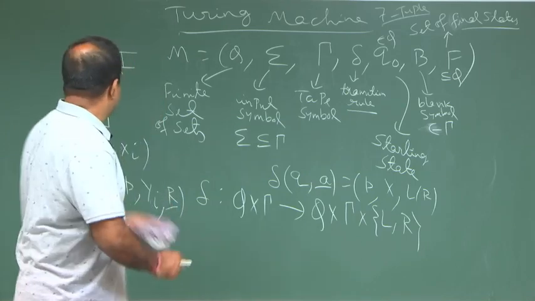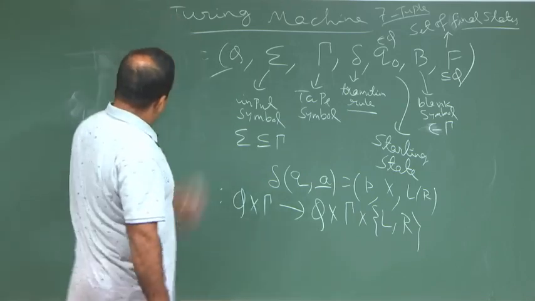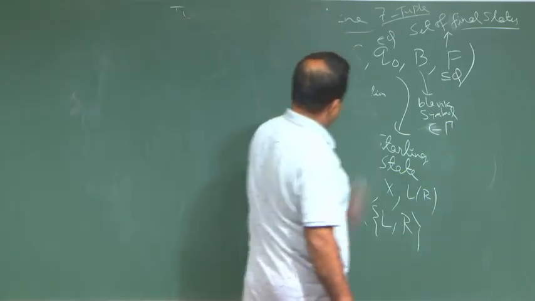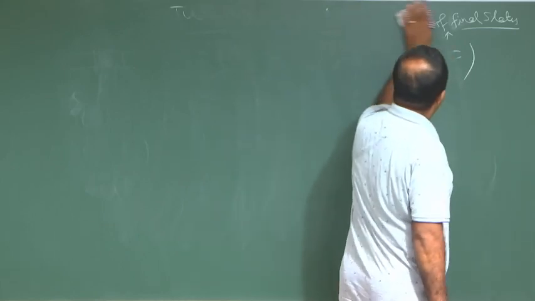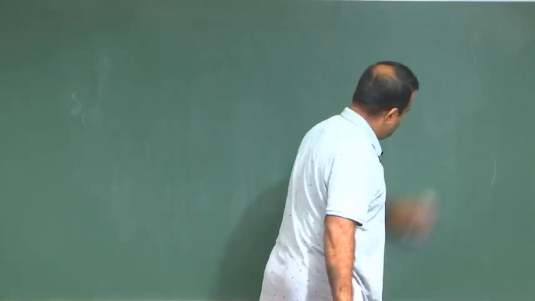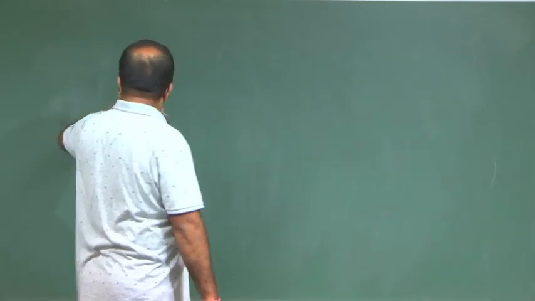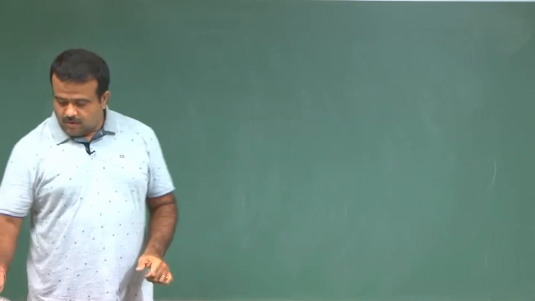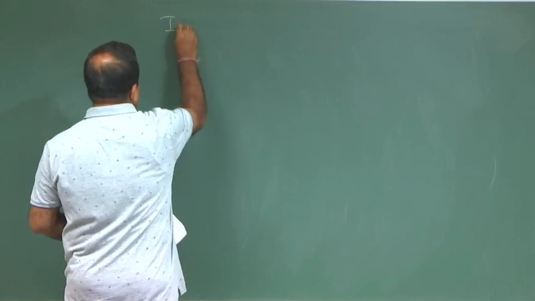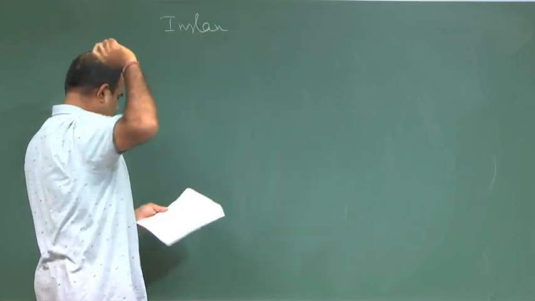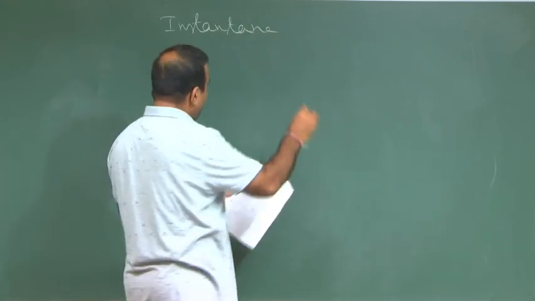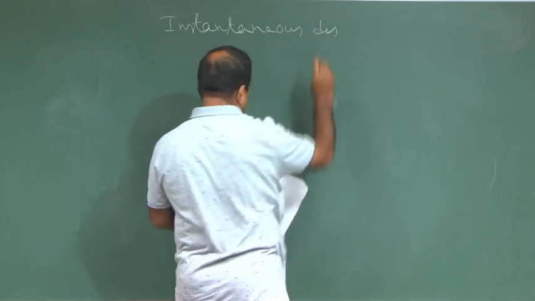Okay. Now, let us talk about the instantaneous description of a Turing machine, the ID.